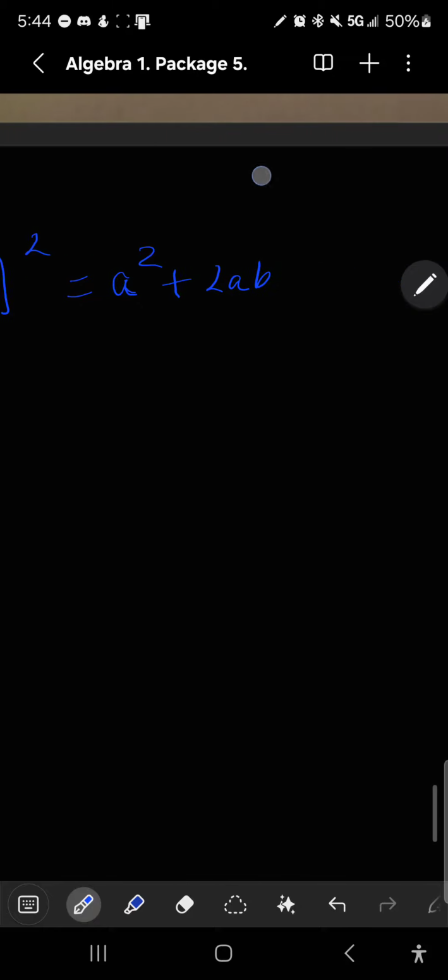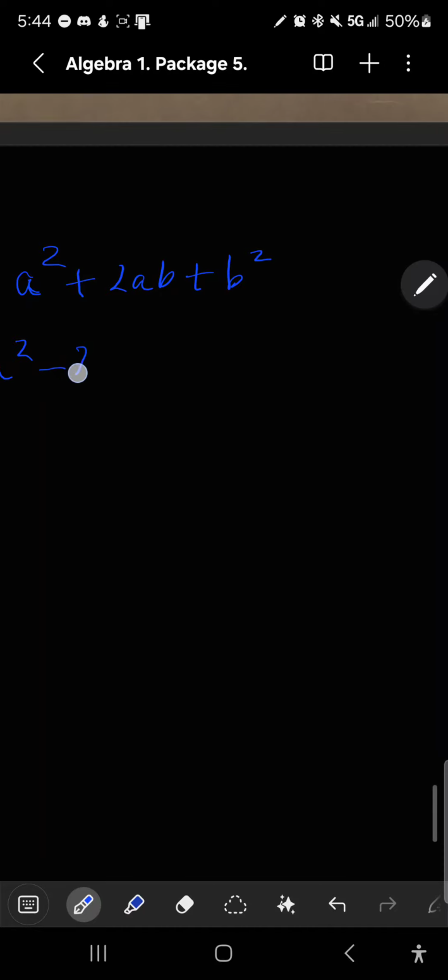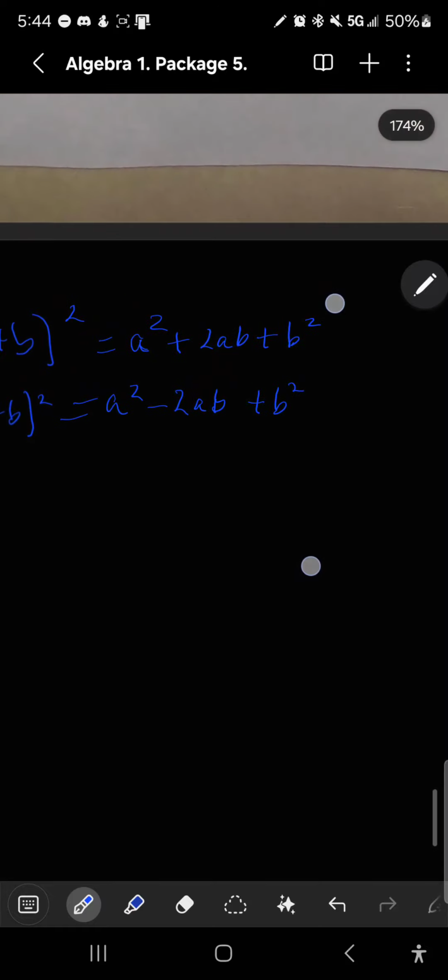So it is a plus b squared equals a squared plus 2ab plus b squared. And then a minus b squared is almost the same, so a squared minus 2ab plus b squared.